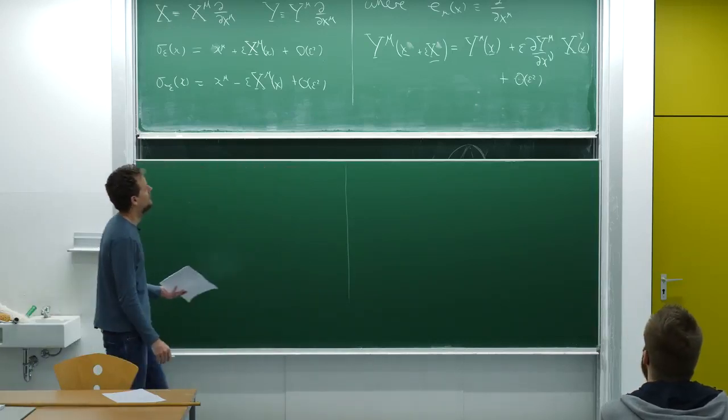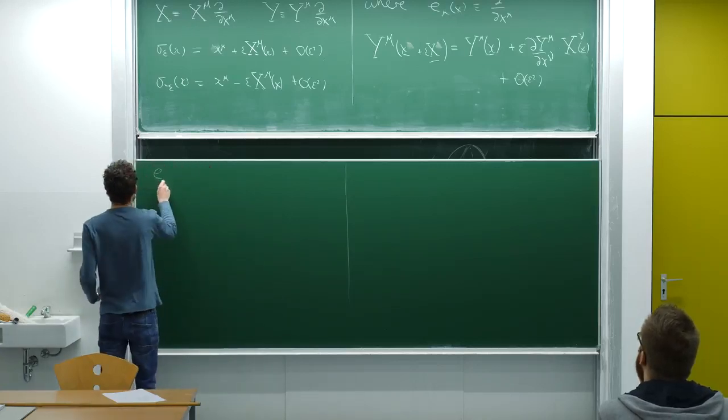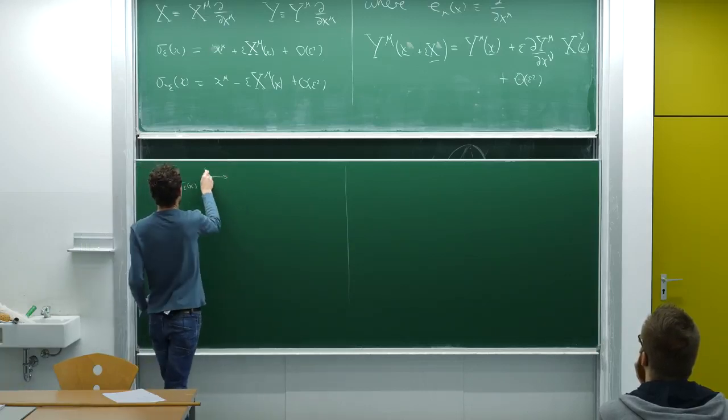We're part of the way there. Now we've got to express our basis vector E mu, or we've got to move our basis vector E mu located at sigma epsilon x. We've got to get it via the push forward.